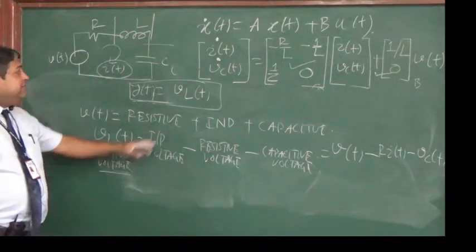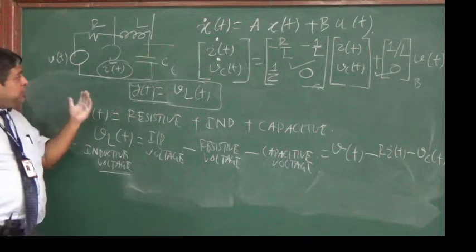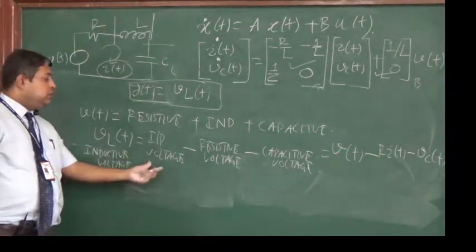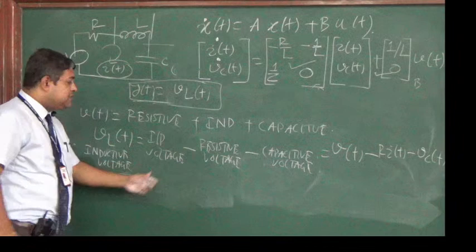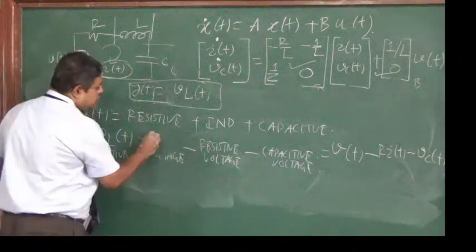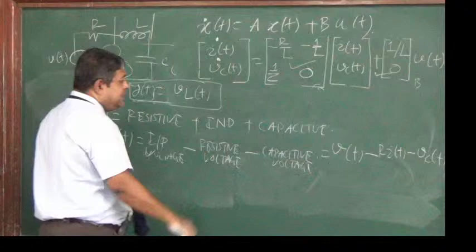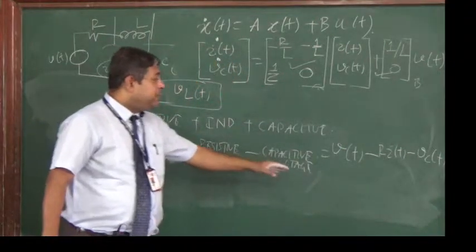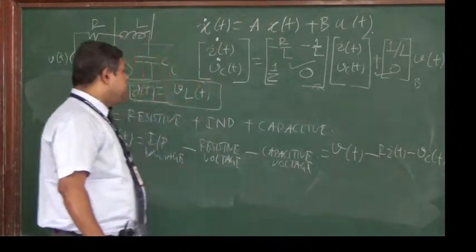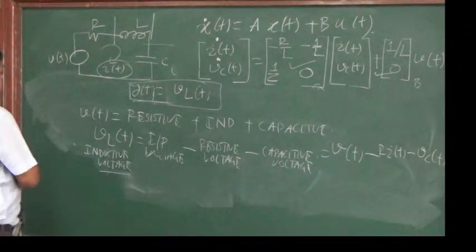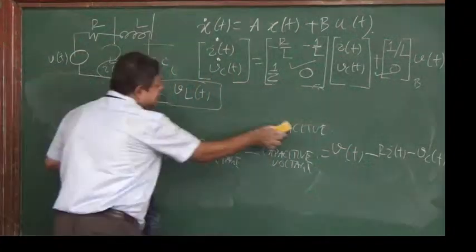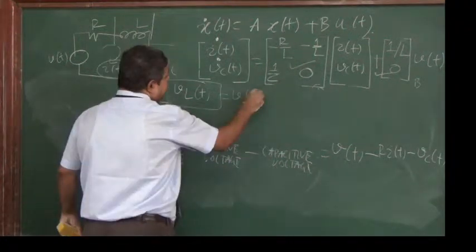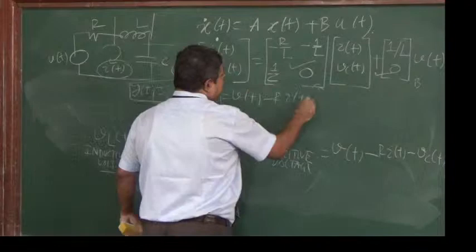So I was writing vL(t) in terms of the input and other voltages. What we have found is vL(t) is equal to the input voltage, v(t), minus the resistive voltage R i(t), minus the capacitive voltage, which we are giving as vC(t). So this equation of vL(t) can be written as v(t) minus R i(t) minus vC(t).